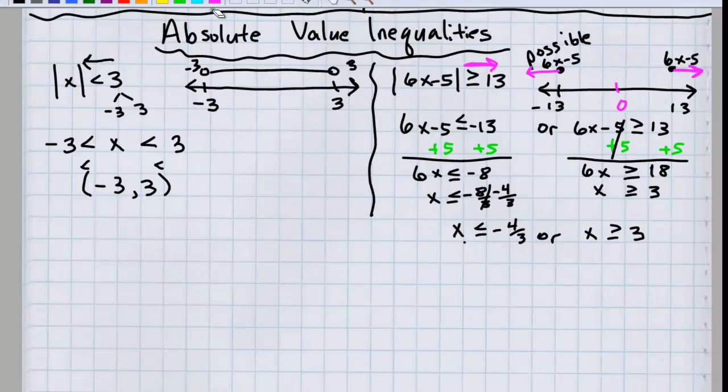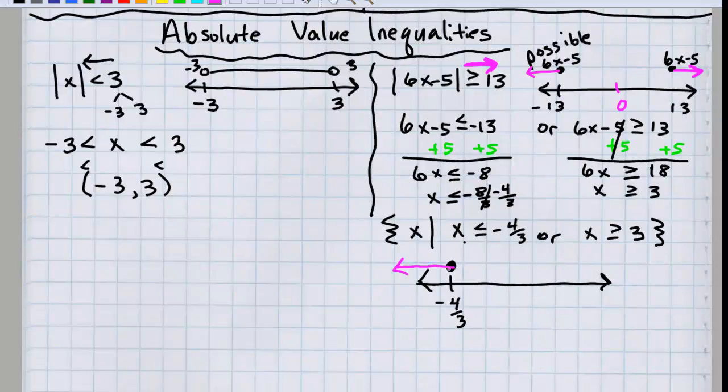This is how you write it in set builder notation, x such that x is equal to all of this. This is negative 4/3 with a dot, and remember, because it is greater than, it's going away from the absolute value. So that means it's got to go this direction.